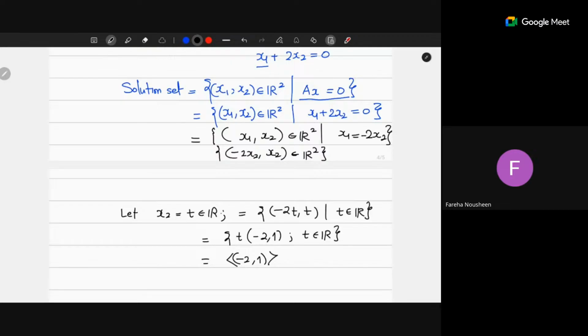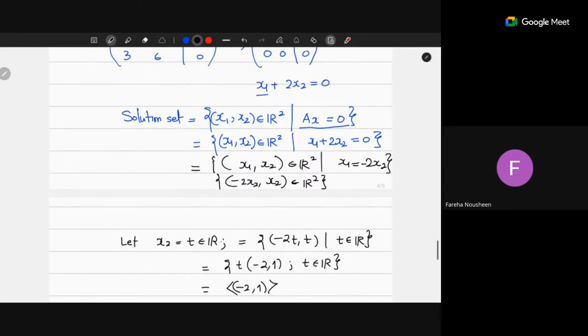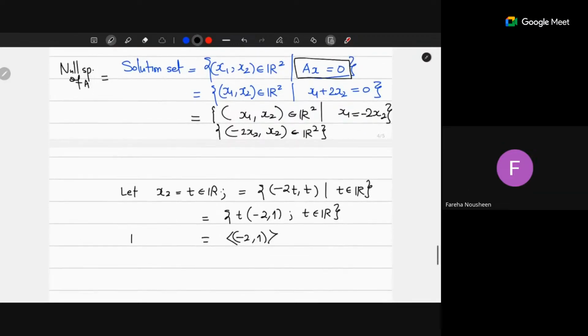Now this solution set is the null space of A by definition, because we are looking at the solution set of Ax equal to 0, which is nothing but the null space of A. So the null space of A is spanned by this vector.